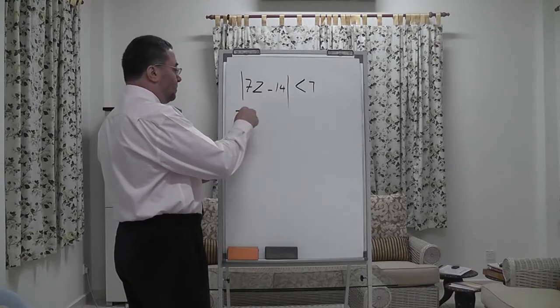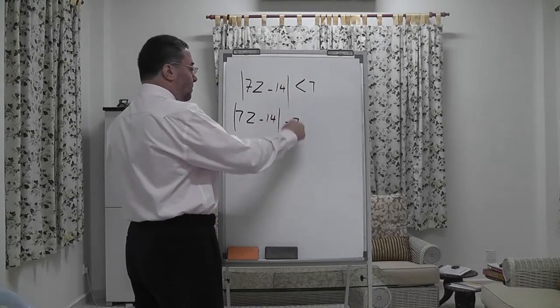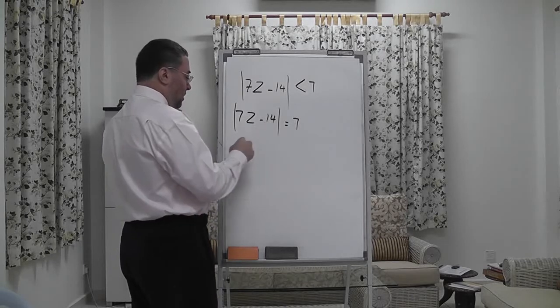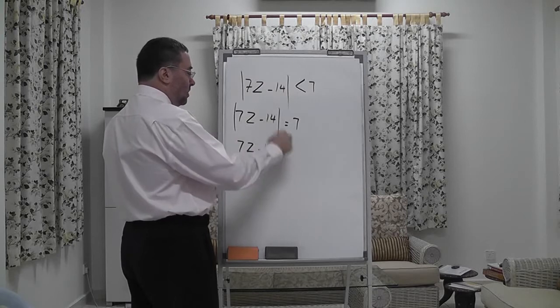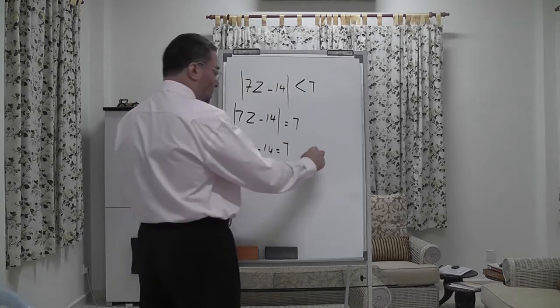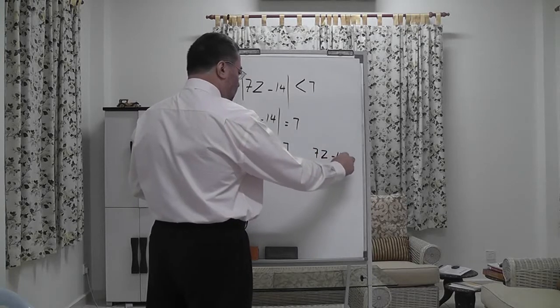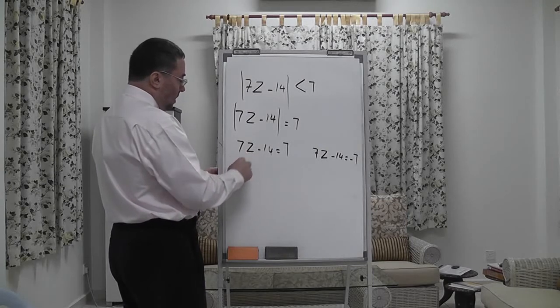We equate 7z minus 14 absolute to 7, and in this case we are going to have two situations. Once it is equal to 7, and once it is equal to minus 7. We solve both situations.